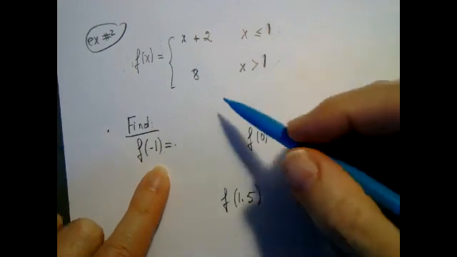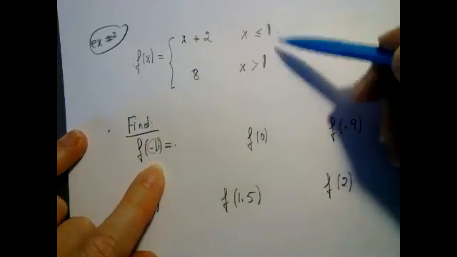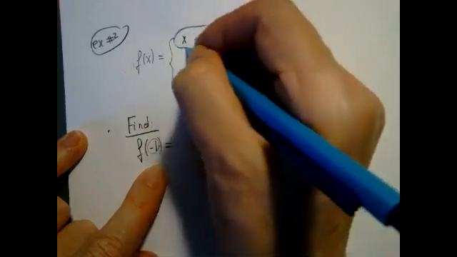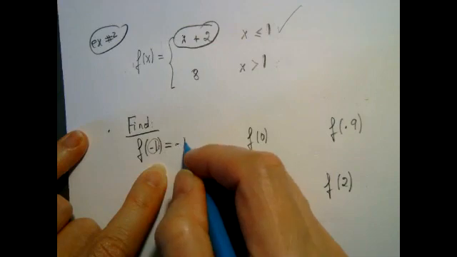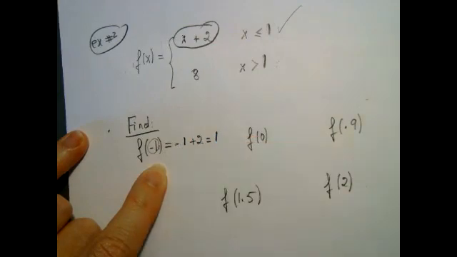Okay. So I take minus 1 and ask myself which condition it satisfies. Minus 1 is right there. So the rule that it follows is this rule right here. So I'm going to plug minus 1 into this rule. So it's minus 1 plus 2, which is equal to 1.